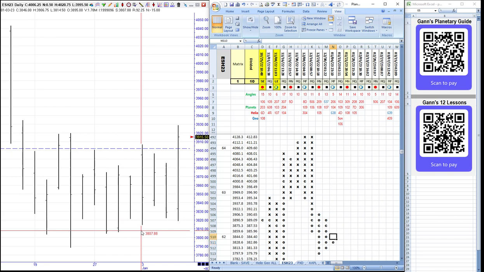And again, I stay above that because it didn't go below this 38.13. And the high was the moon period, the full moon, 39.28. Didn't quite get up there, 39.15.